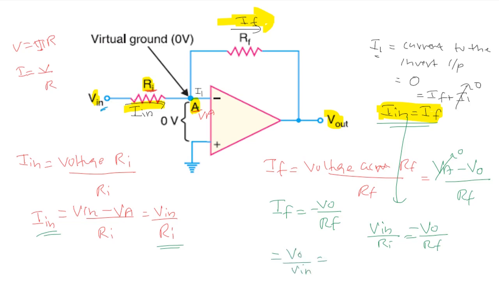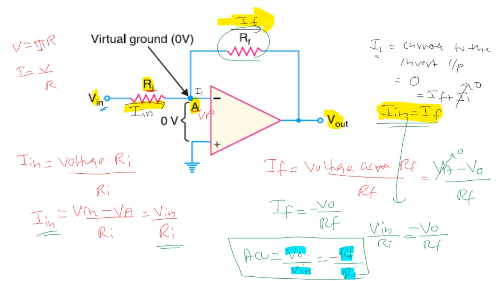So V output by V input is equal to minus RF by Ri, and this is the closed loop gain because now we have the feedback resistance here. So the closed loop gain of the op amp is equal to V out by V in, and that is equal to minus RF by Ri.